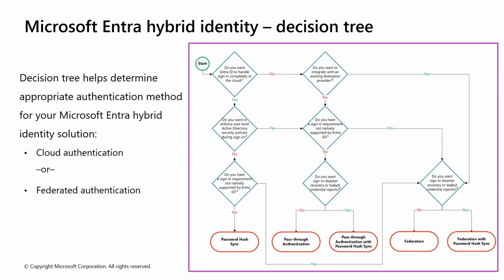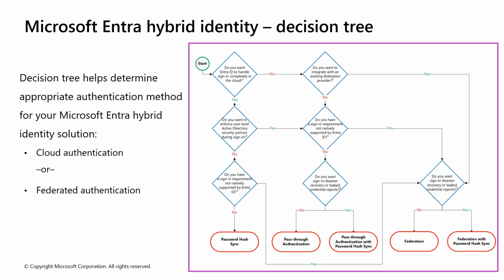Choosing the right authentication method depends on your organization's needs. The decision tree helps you determine whether to use cloud authentication, pass-through authentication, password hash sync, or federation. Consider factors like enforcing security policies, supporting disaster recovery, and integrating with existing providers.